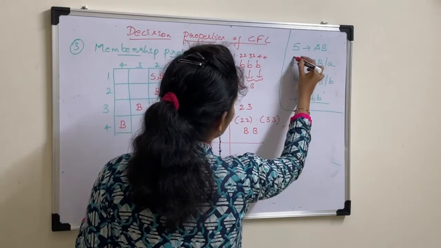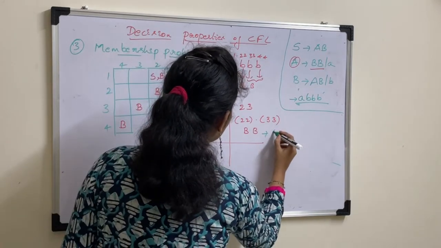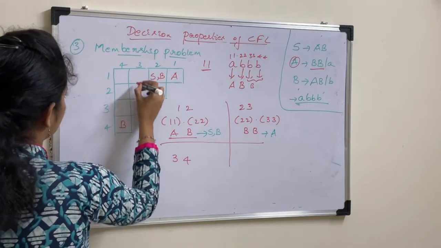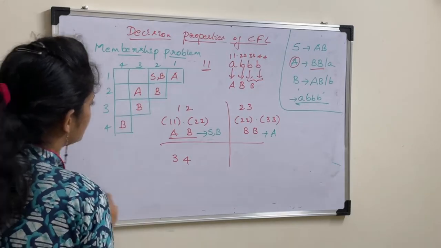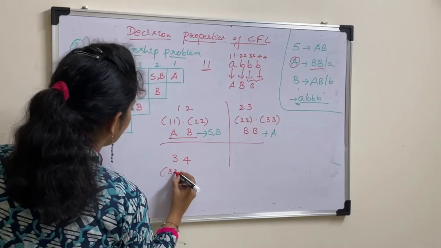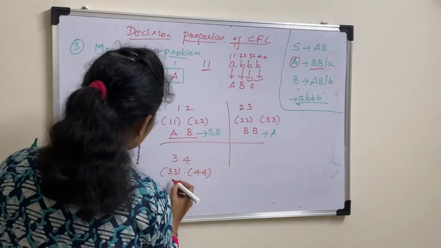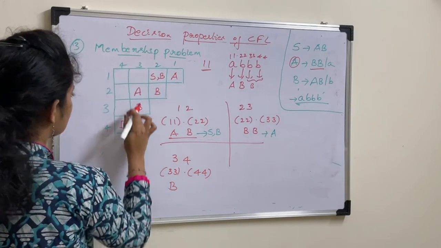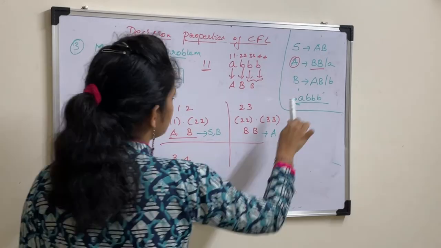Yes, BB is derived by capital A. So fill this 2 3 place with A. Now 3 4 can be written as 3 3 dot 4 4. 3 3 means B, 4 4 is B. So check the productions deriving BB.